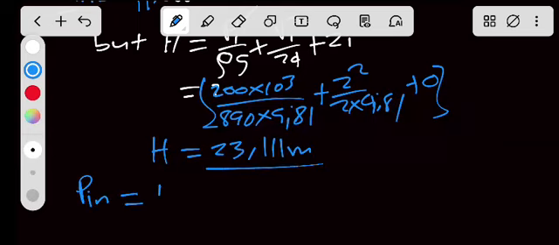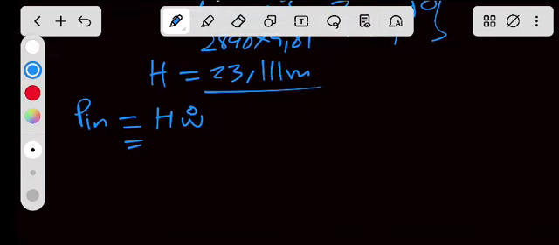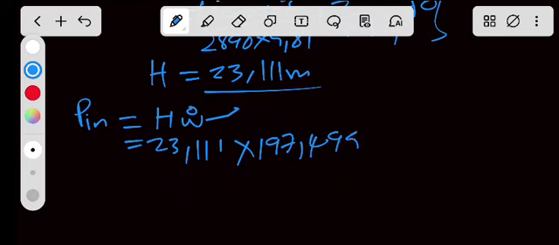All right, so we have now P in. We know it's H multiplied by that. So we have 323.111. The weight flow, these were given, isn't it? We put it as 197.499. We're given that the weight flow.